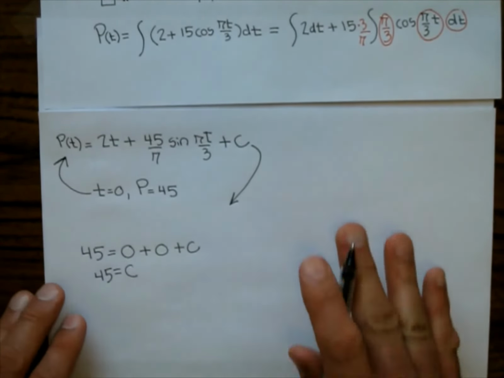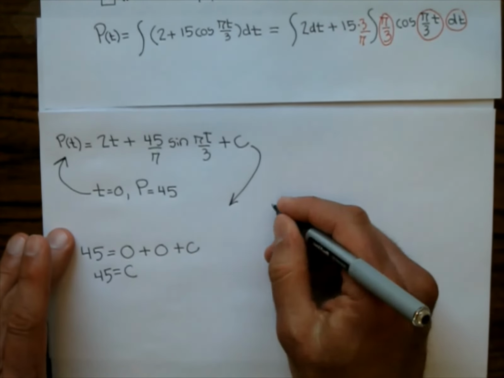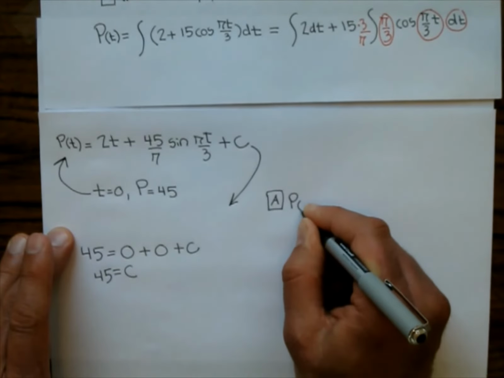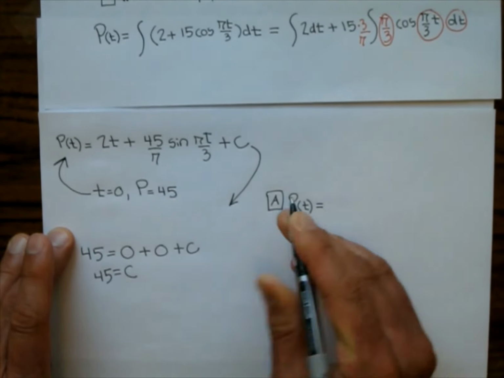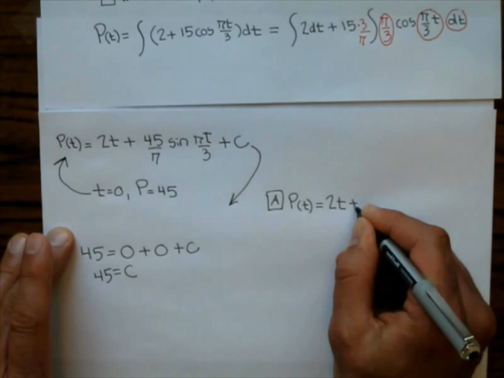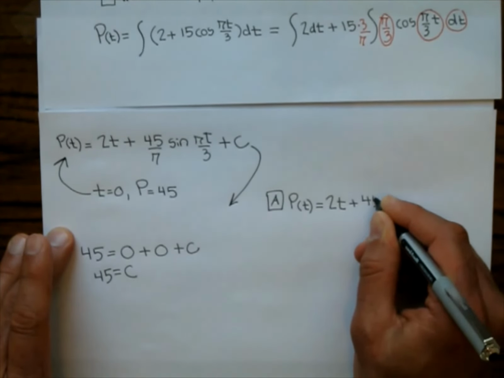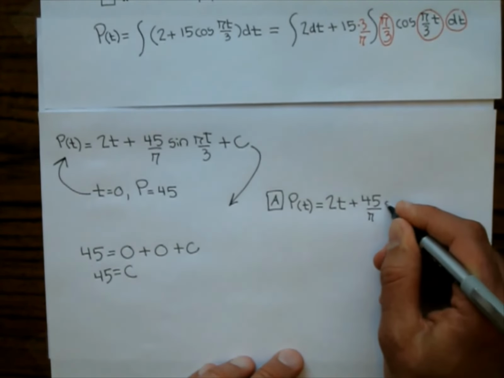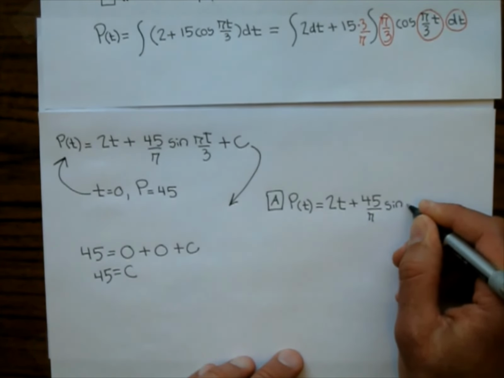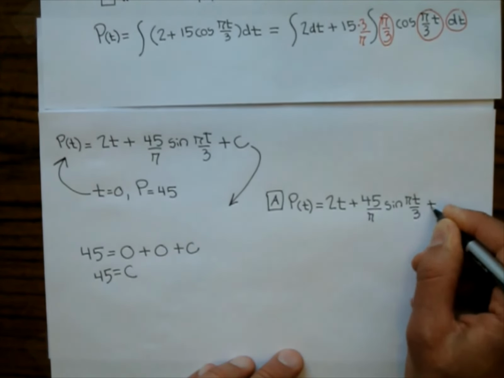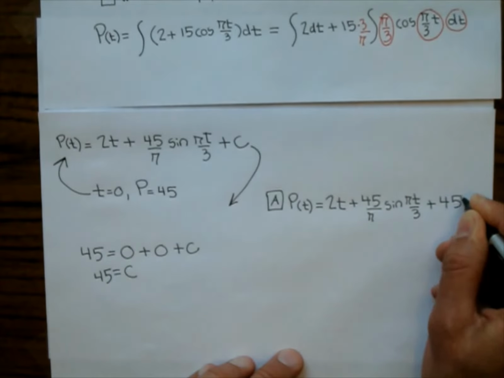Okay, so what do we have here? We have for answer A, because answer A said find P of t, that's what we're going to find. P of t is just this right here, 2t plus 45 over pi sine pi t over 3 plus 45.